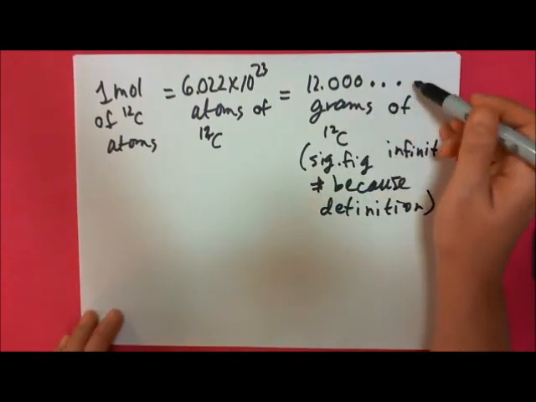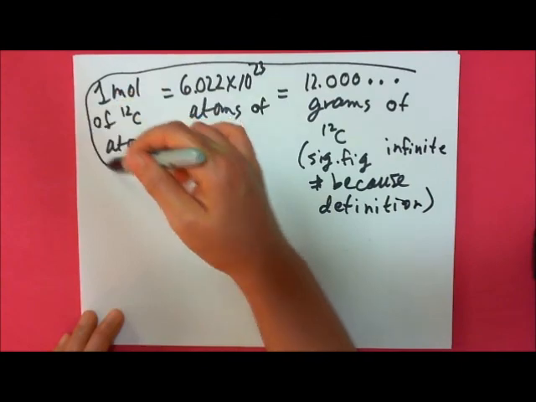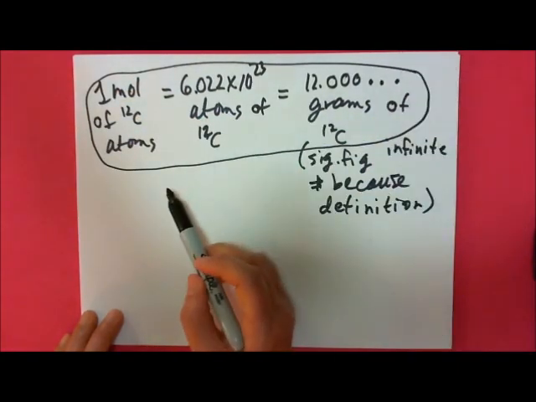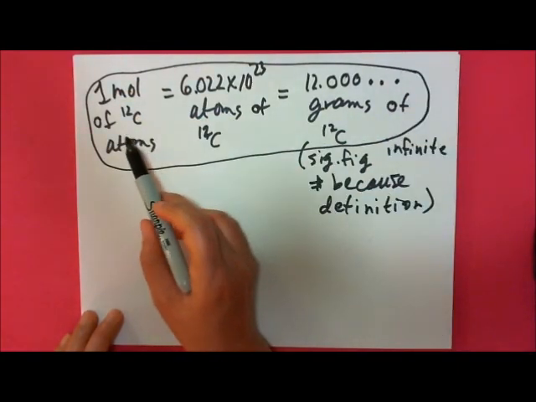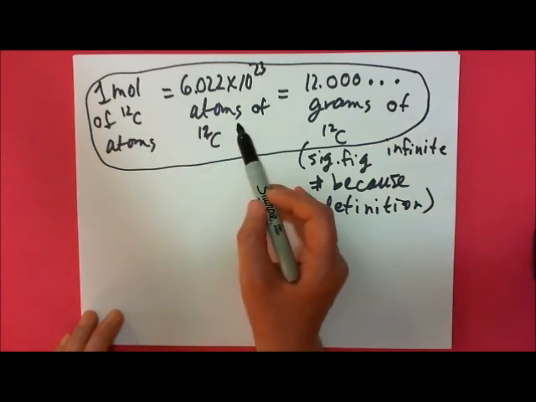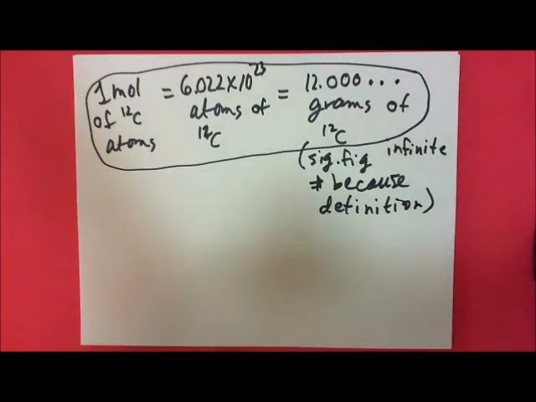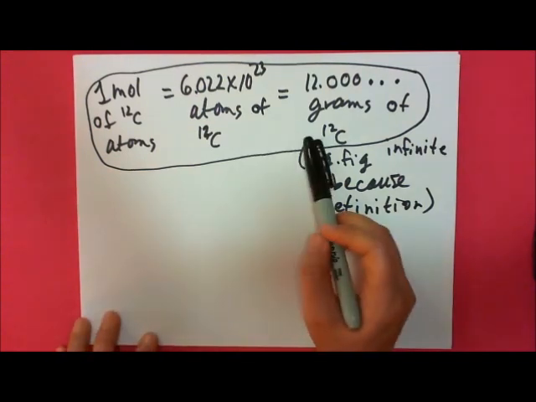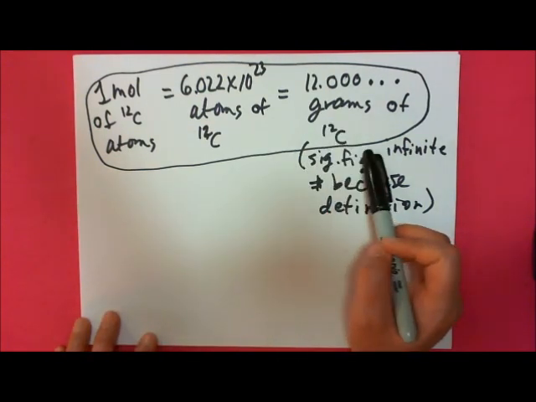Okay, so we have this as a possible conversion factor. So you've got 1 mole of carbon atoms is equivalent to 6.022 times 10 to the 23rd atoms of carbon-12, which is equal to 12 grams of carbon-12.